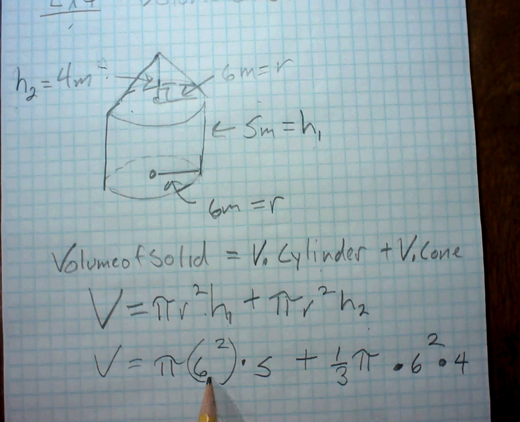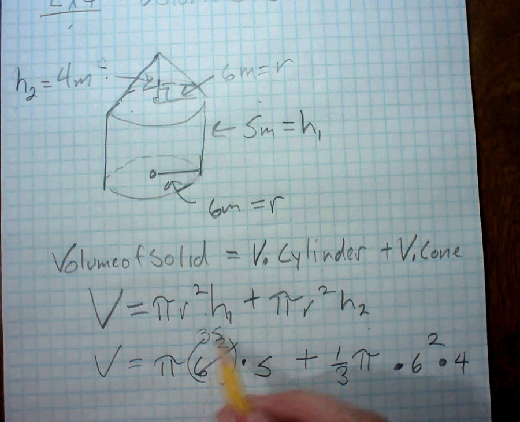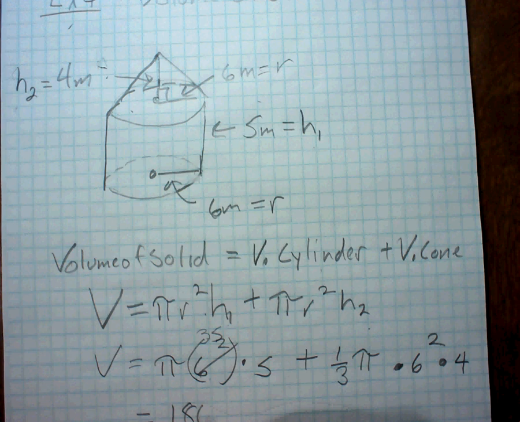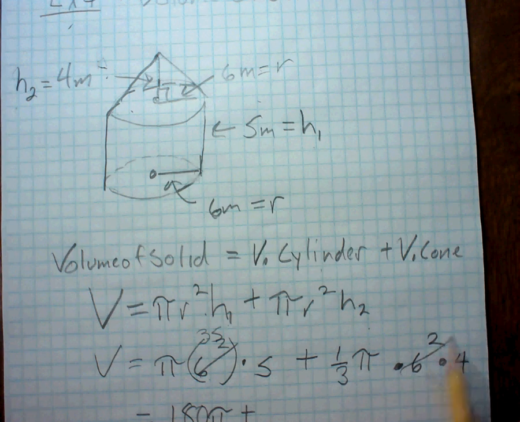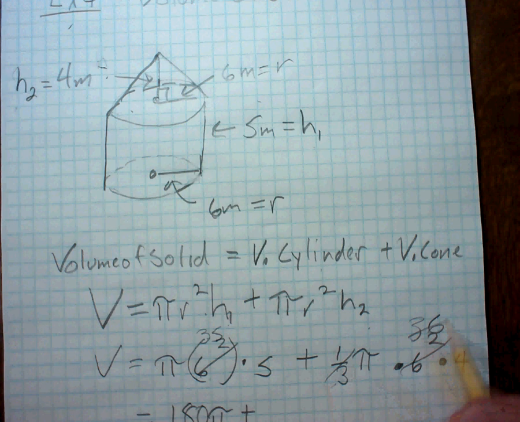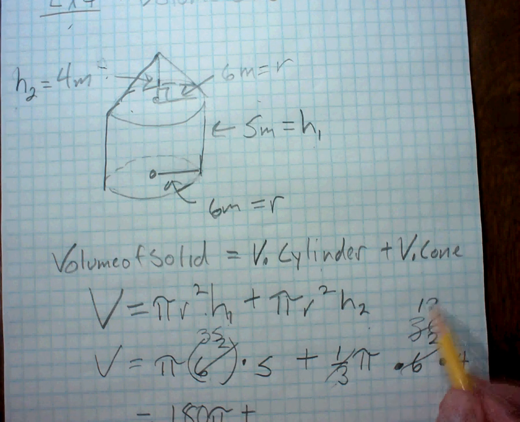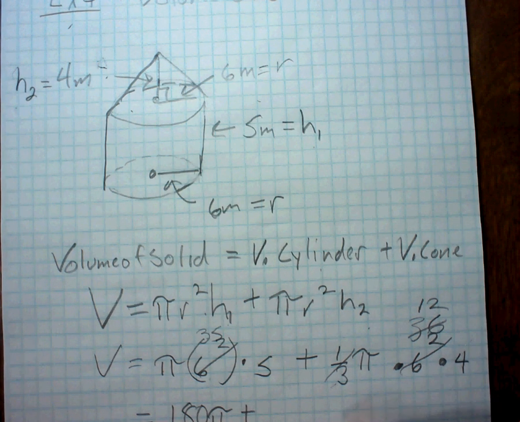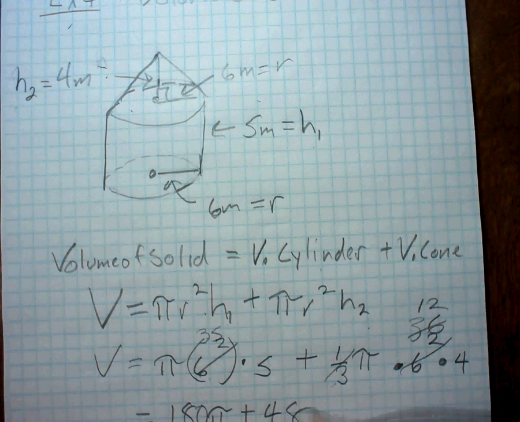Now this becomes 36. 36 times 5 is going to be 180, and then we tack on our pi at the end. This becomes 36, and then 1/3 of 36 is 12, and then 12 times 4 is 48. So we get 48, and then we tack on our pi here.